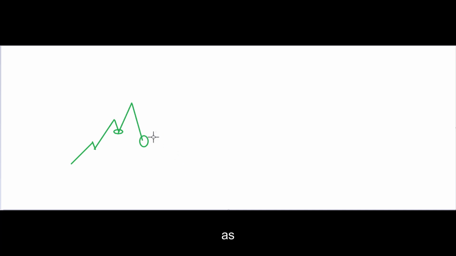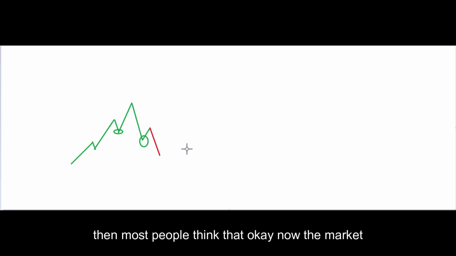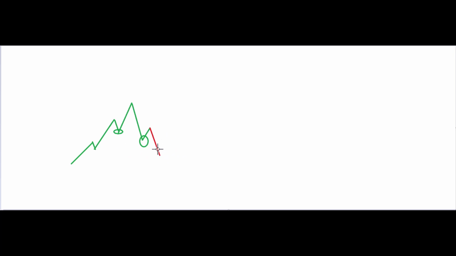What the market does is it goes a bit up, then goes a bit down, then most people think that okay, now the market will go down, so they change their strategies and they start to take selling or down trades.